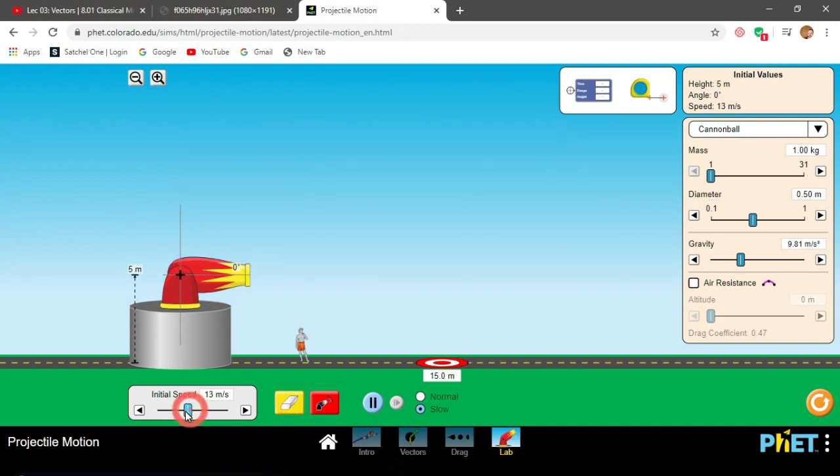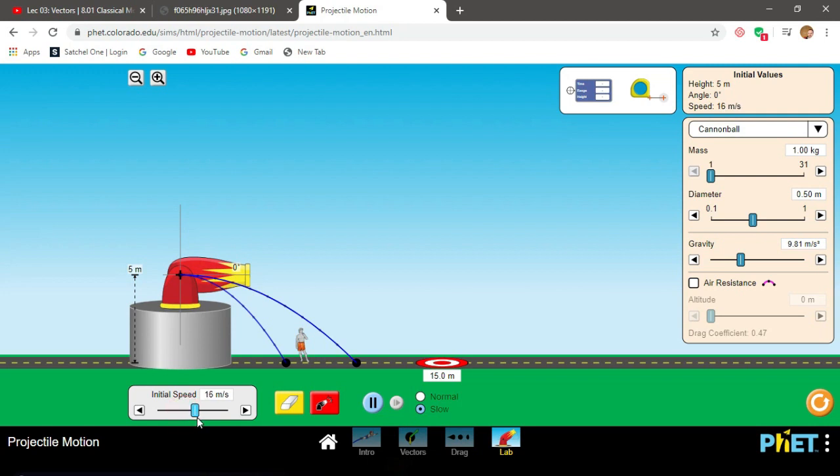If I have a low velocity, like so, then it comes out reasonably short. So the same height we're looking at here. In the time it takes to fall to the ground, it travels this far horizontally. If I increase the speed, then in the same time it takes to fall to the ground, it will travel further.